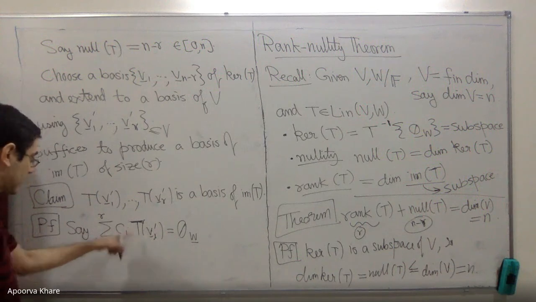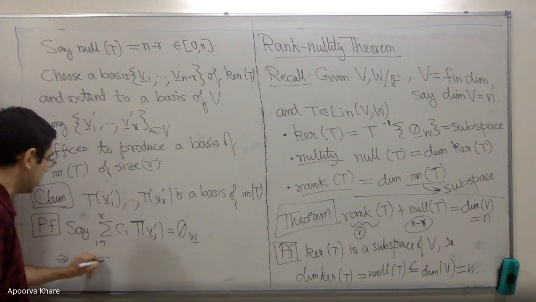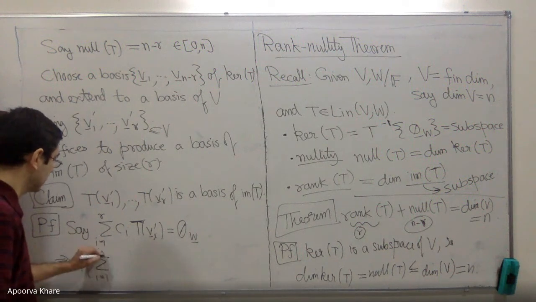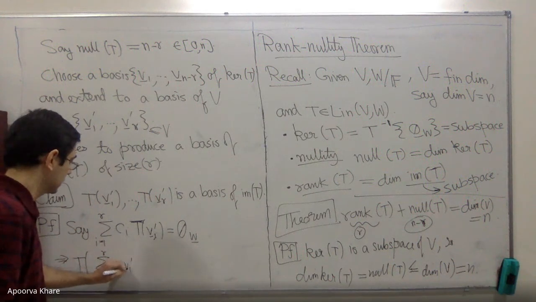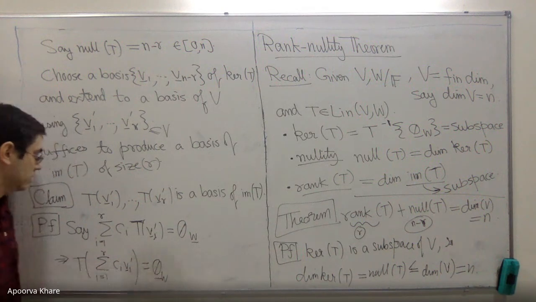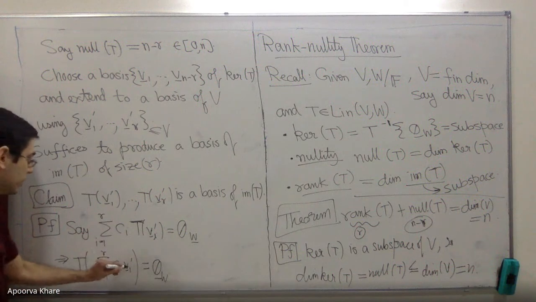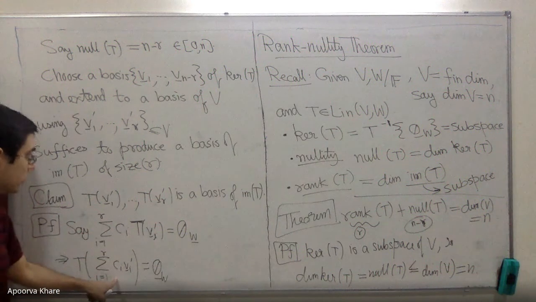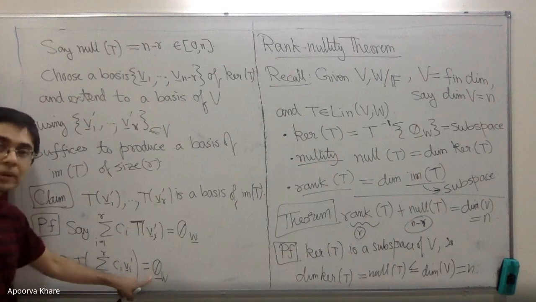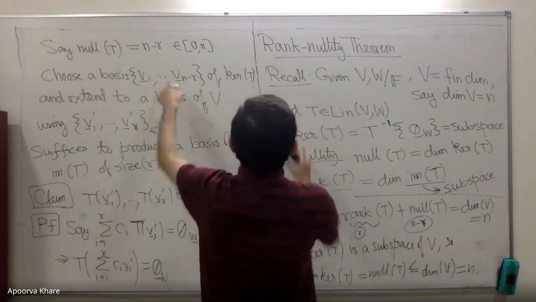Because T is linear, this is a linear combination, so I can say it's T of summation ci v prime i. But what does that mean? It means that this vector is mapping to 0. So it means it lies in the kernel. And the kernel had a basis, this one.